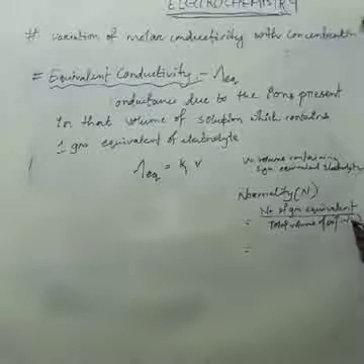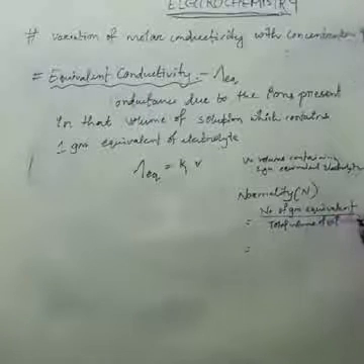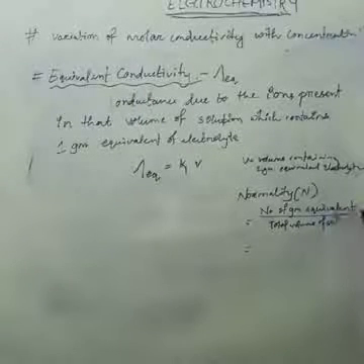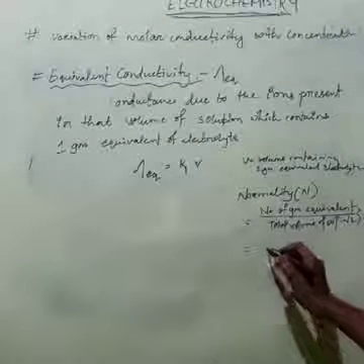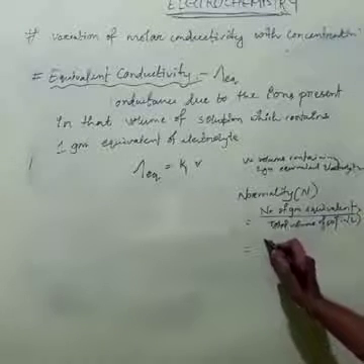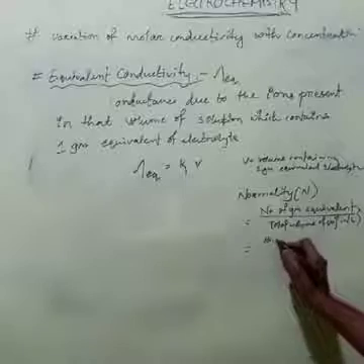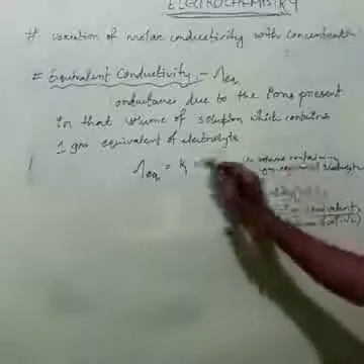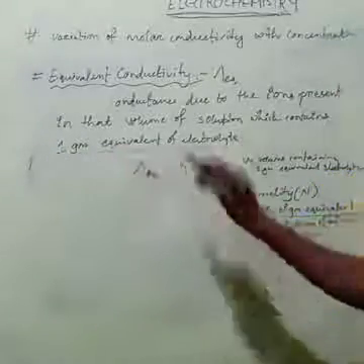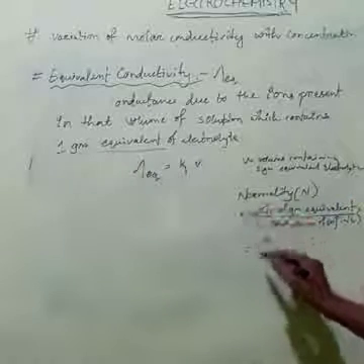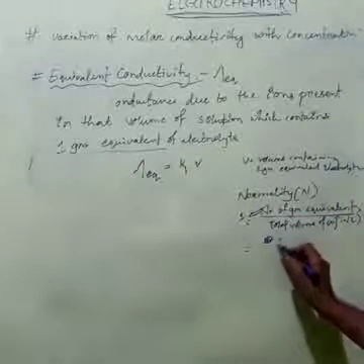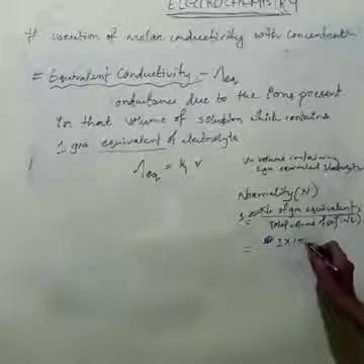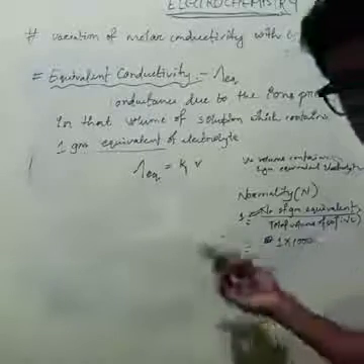If it is not in liter, if it is in ml, then you must multiply by 1000. Yes or no? The number of gram equivalents is 1 gram, so this will be 1. That means 1 into 1000, because the volume is in ml.